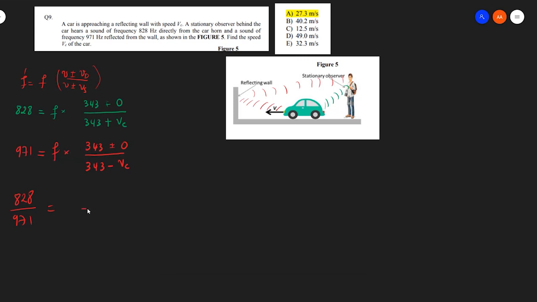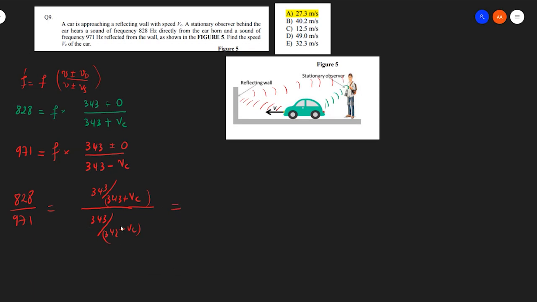The F will simplify, and I will have 343 over 343 plus VC, over 343 over 343 minus VC, like this. Sorry, my writing was not probably the best one.